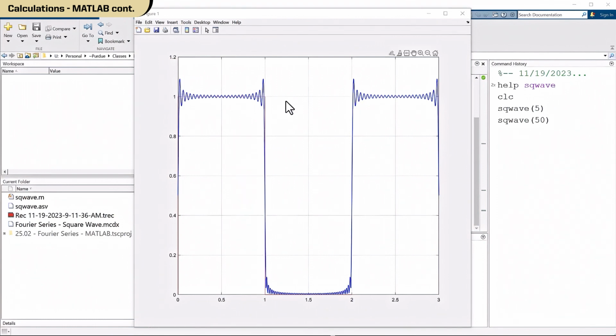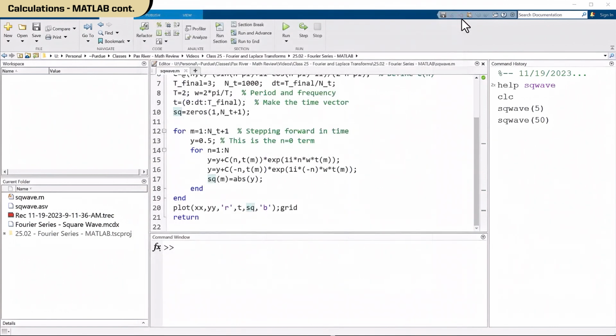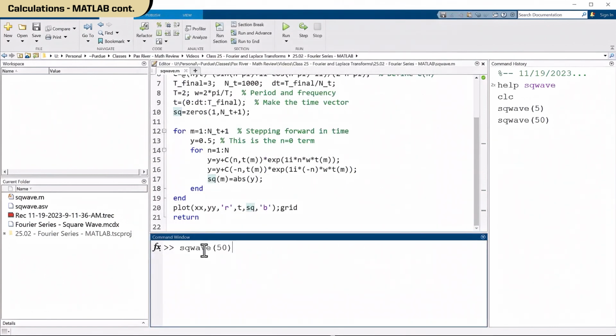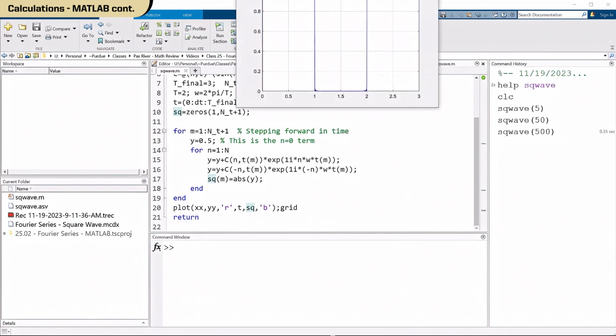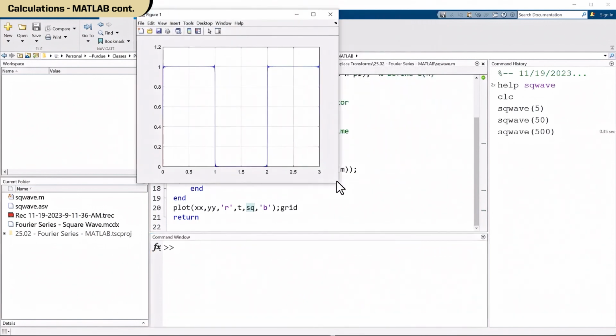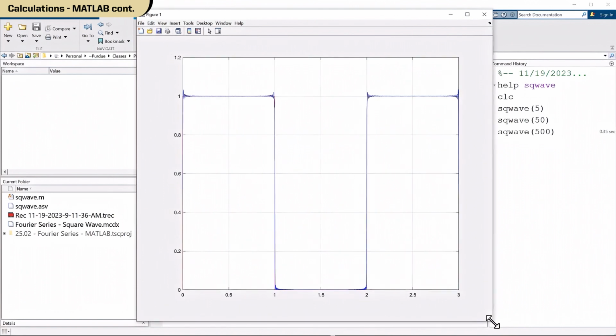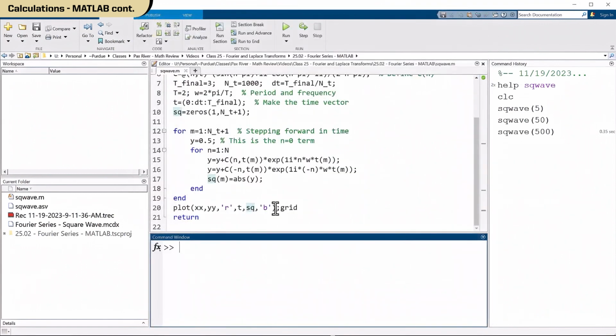And you can see the Gibbs phenomenon right there, but that's looking more and more like a square wave. Well, since this runs so fast, let's go crazy here. And again, it's looking more and more and more like a square wave. Gibbs phenomenon is still there, though. And I can keep going as long as I want.